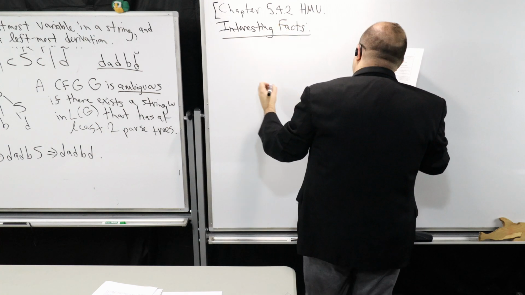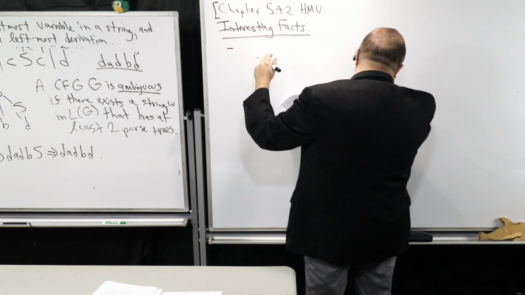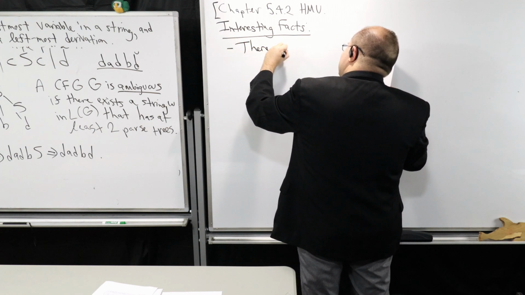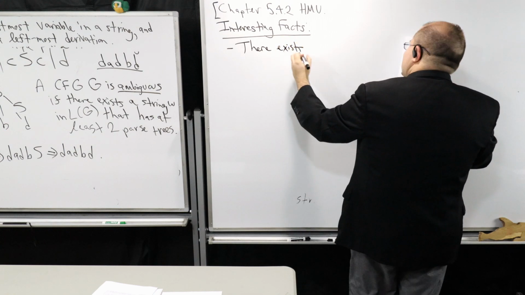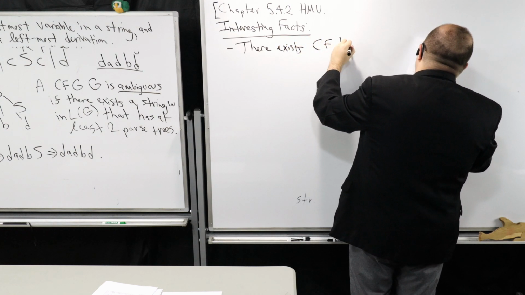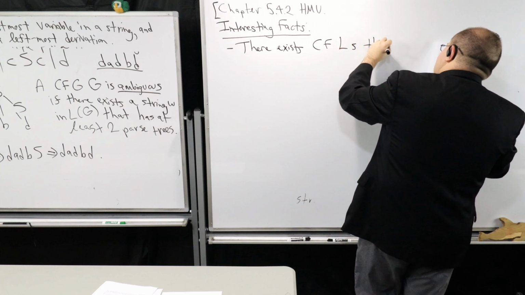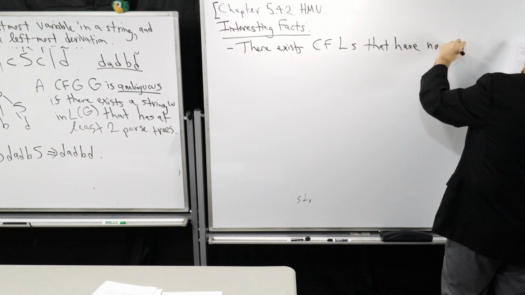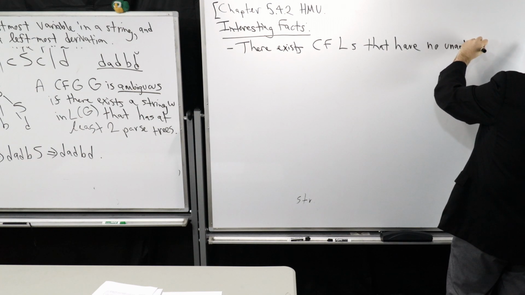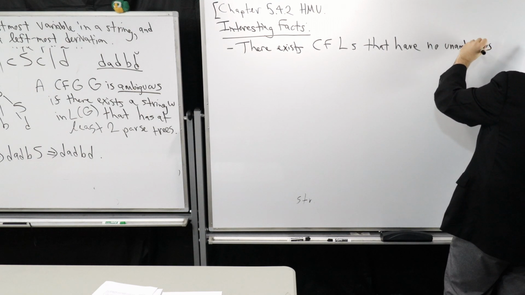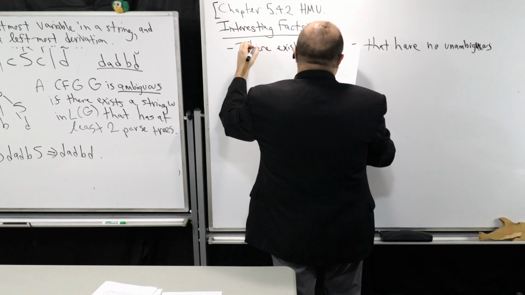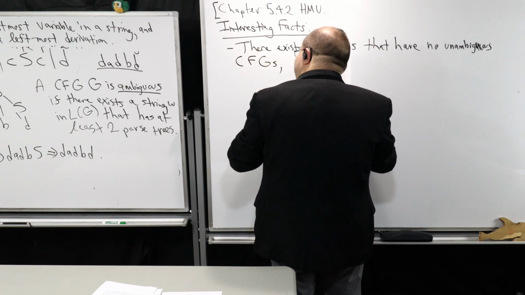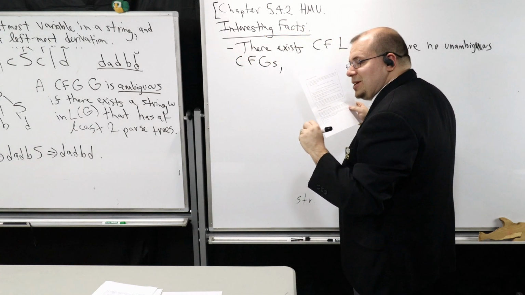Interesting facts. So here's the first bad news I have for you. There exist context-free languages that have no unambiguous context-free grammars, meaning that you're always going to have to deal with this ambiguity issue with some languages.